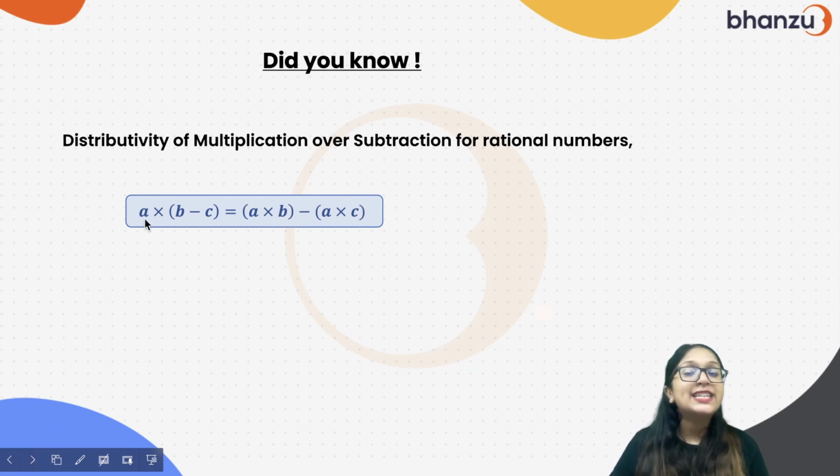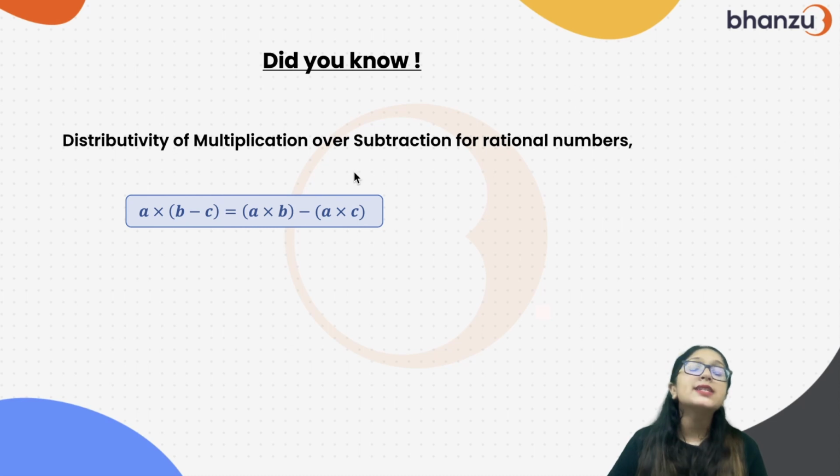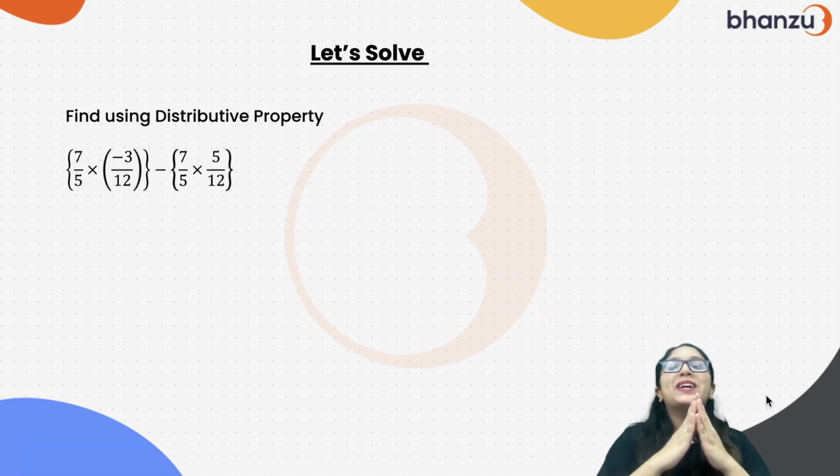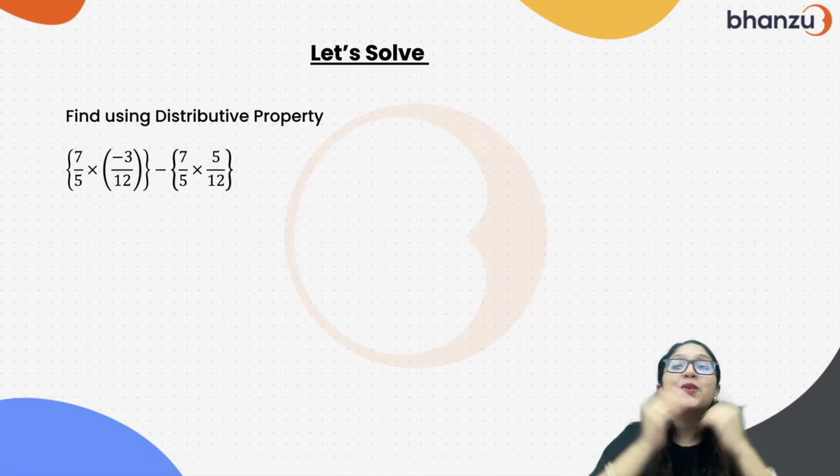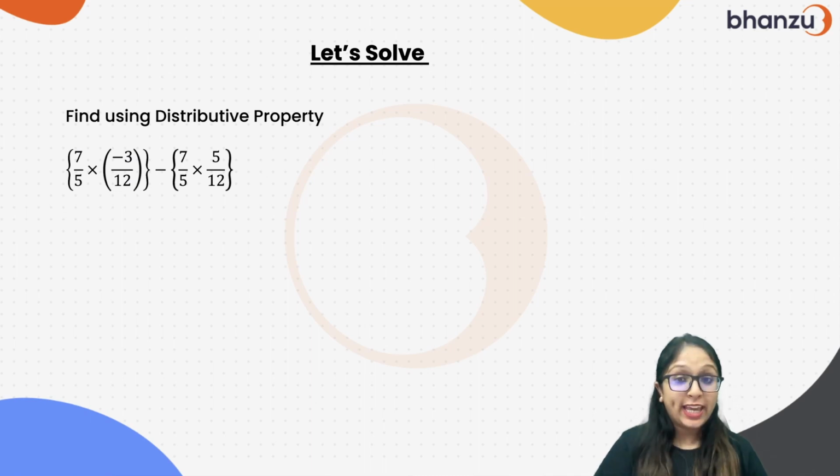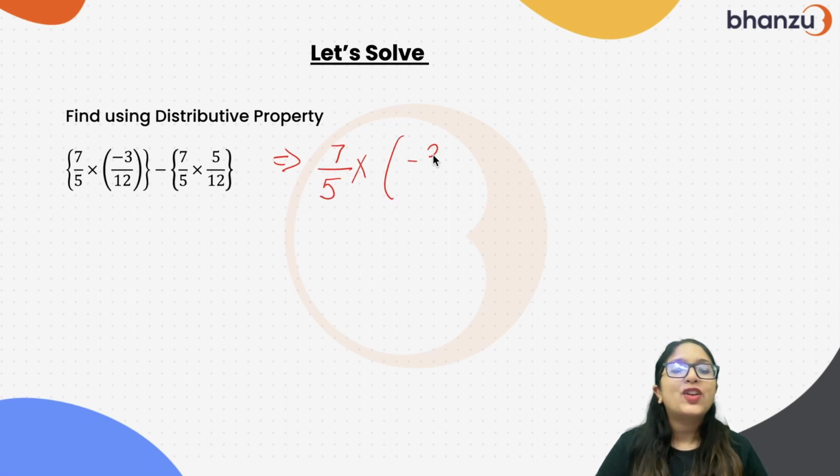Okay, then let's check. It says A multiplied by B minus C is equal to A multiplied by B minus A multiplied by C. So this question is find the answer using distributive property. Okay, this question is actually nothing but 7 over 5 should be multiplied by minus 3 over 12 minus 5 over 12.